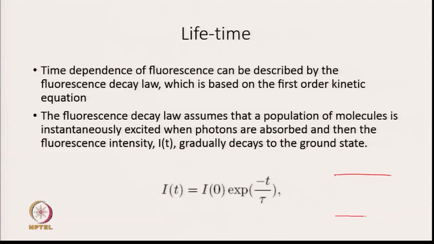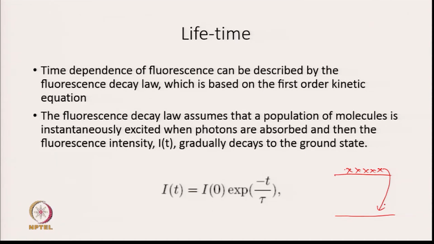So, what you are basically looking at is that if there are n molecules in the excited state, on the absorption of a photon, these molecules have gone from the ground state to the excited state. So, how will the population decay with time?